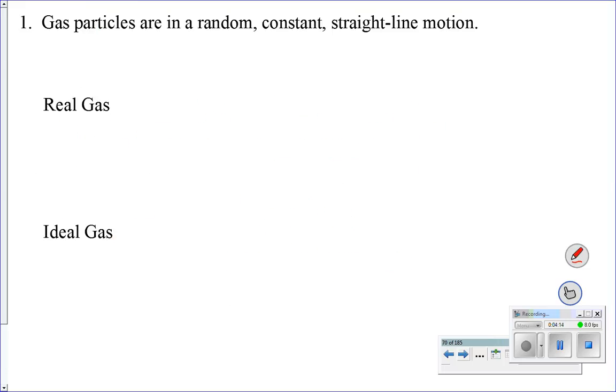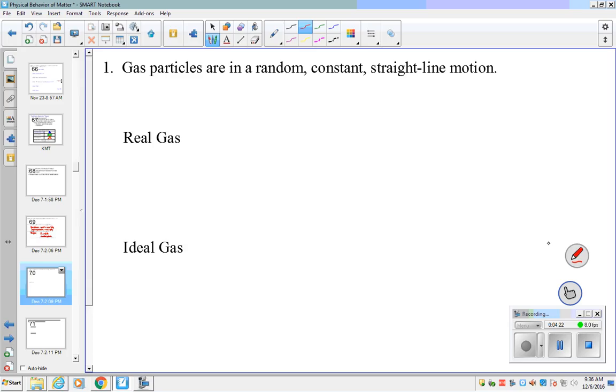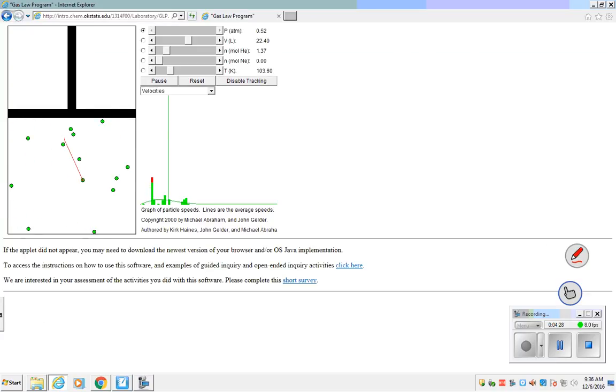Gas particles are in a constant, random, straight line motion. To give you a little idea of what this looks like, we're going to be using this gas law simulator in class. The constant, random, straight line motion is referring to the particle that I have the red line on: it goes in a straight line unless it bounces off of something. It's moving constantly. It does not stop.